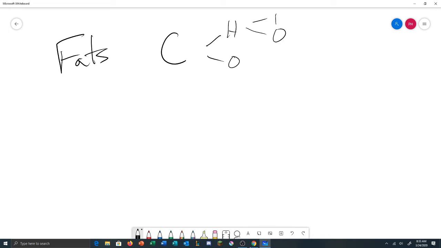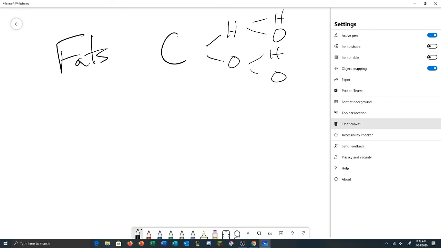Carbon can be used in fats. That's like you take your carbon and you link on a bunch of hydrogens and oxygens everywhere on here. That fat is a long list of hydrogens and oxygens connected to one carbon. It's mostly water weight.